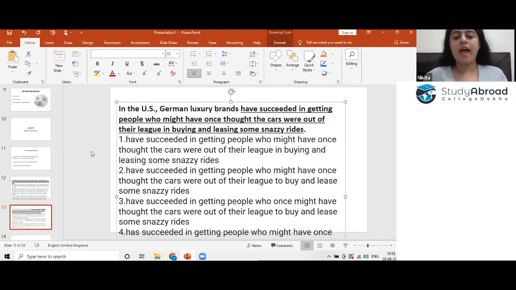Now have a closer look at options first, second and third. Another difference is that the first says buying and leasing, the second says to buy and lease, and the third says to buy and lease. So you can decide on this factor as well.